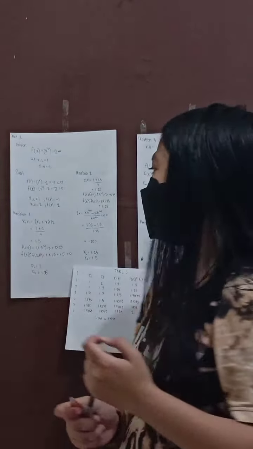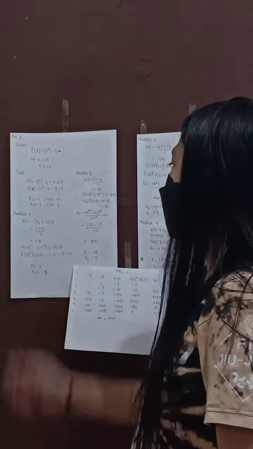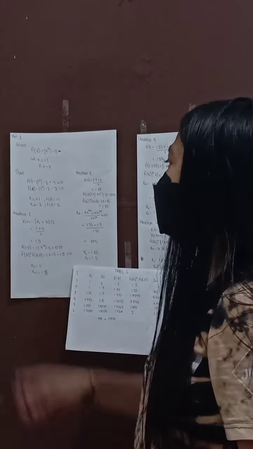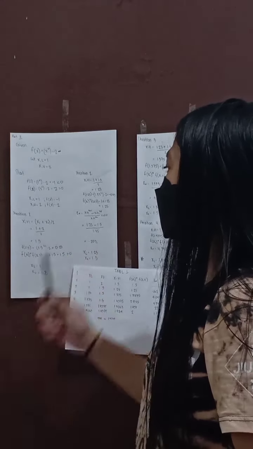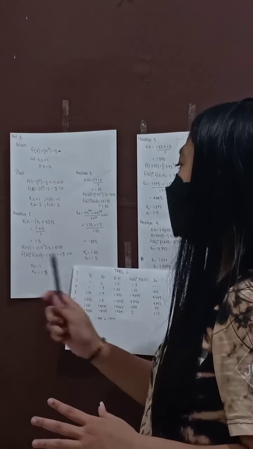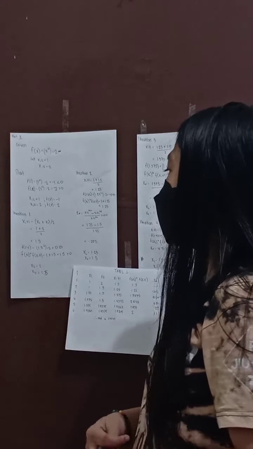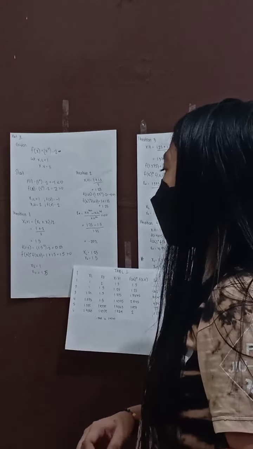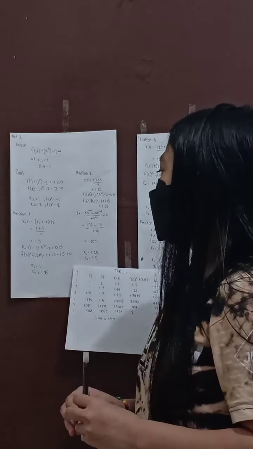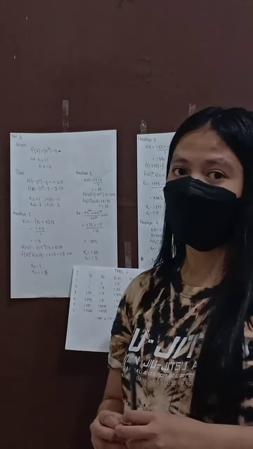Iteration 1. So xi plus 1 equals the formula (xl plus xu) over 2 equals (1 plus 2) over 2 equals 1.5. So f(x) equals 1.5 squared minus 2 equals 0.25. So f(xl) times f(xi plus 1) equals 1 times 1.5 equals 1.5.